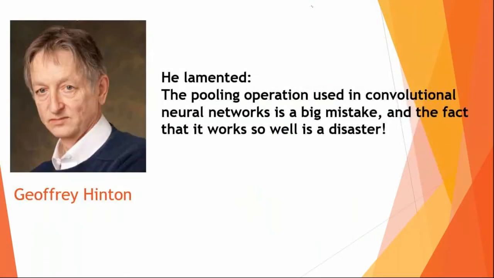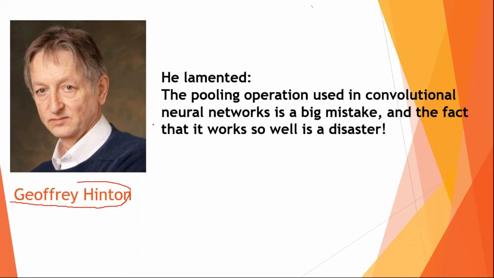Many of you probably know, or if you don't know, this is Geoffrey Hinton. They call him the father of AI. He said in one of his talks, the pooling operation used in a convolutional neural network is a big mistake, and the fact that it works so well is a disaster.